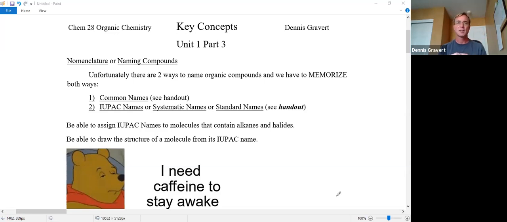IUPAC stands for International Union of Pure and Applied Chemists. The International Committee of Chemists got together and sat down by committee vote on how are we going to assign names to compounds. And they developed a procedure that works pretty well.